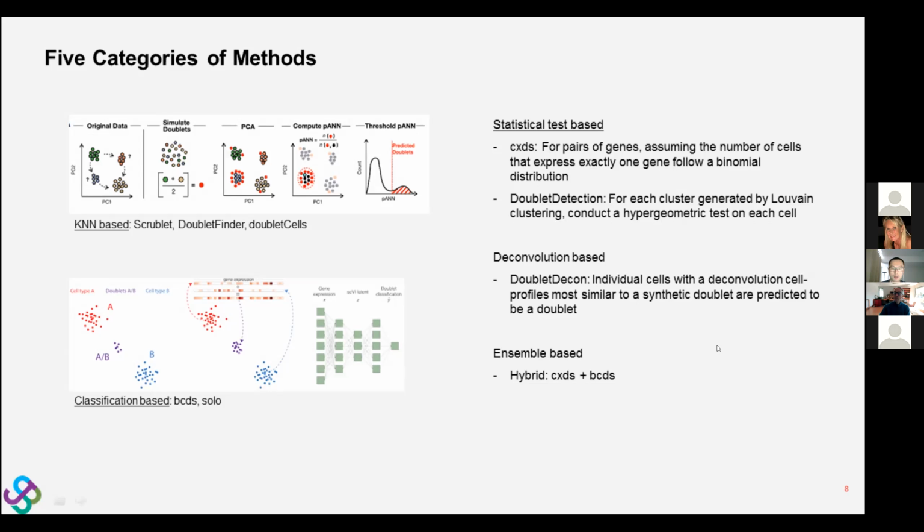And lastly, people use ensemble-based methods to combine 2 methods and average their doublet scores, to try to improve over the original two methods.